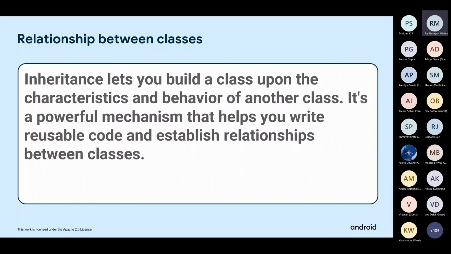Now, relationship between classes. This is basically the concept of inheritance. Like if one class inherits a property of another class, then that class will become the child class, and the class from where it's inherited will become the superclass. Like you have inherited some of your properties from your father, some of your behaviors from your parents.